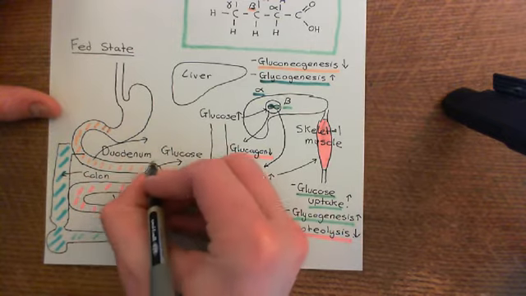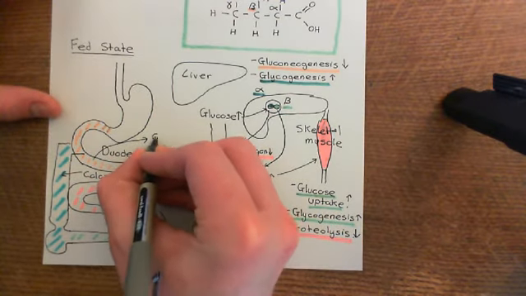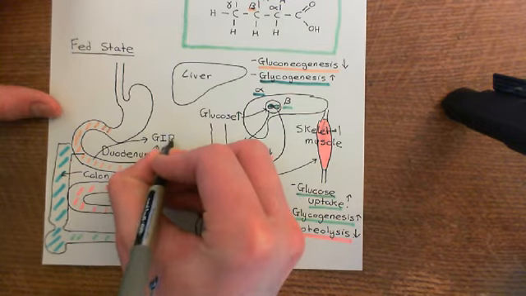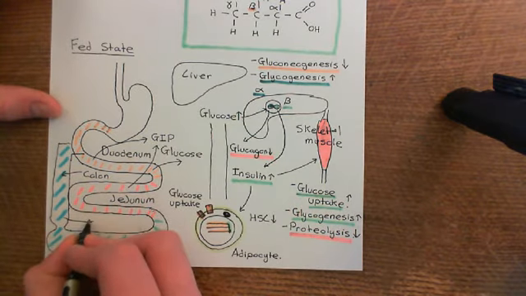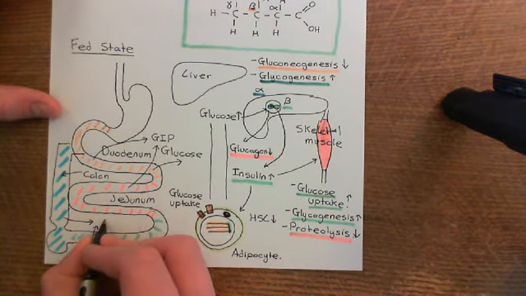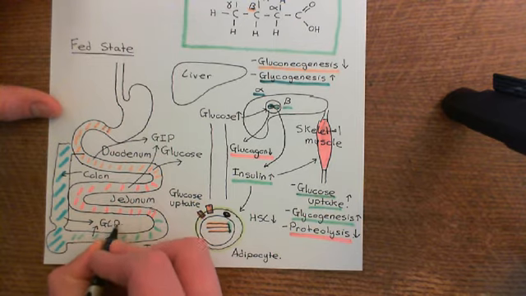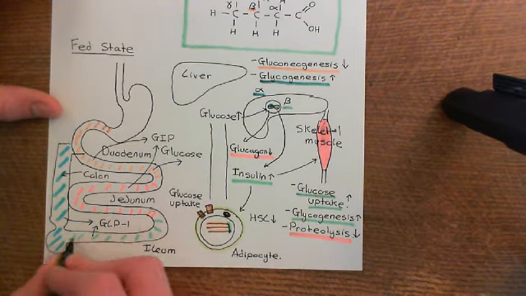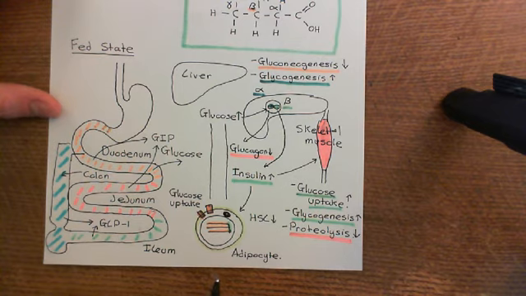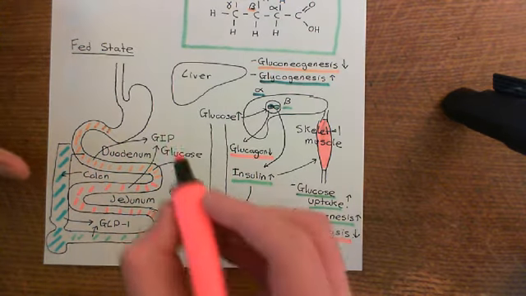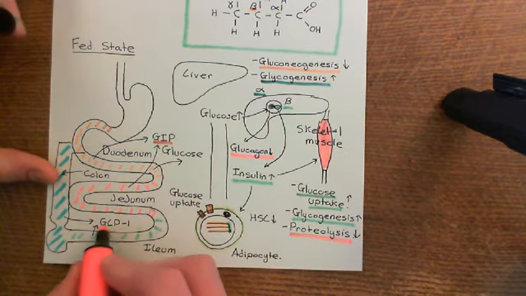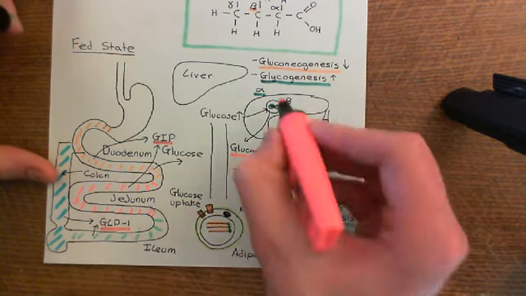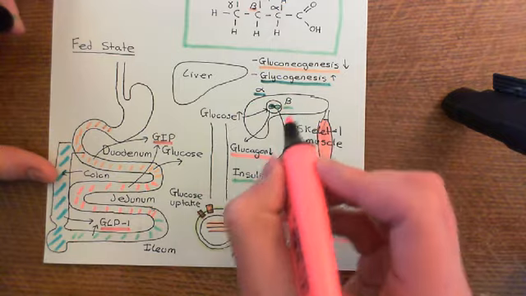And the other incretin, GLP-1, glucagon-like peptide 1, is going to be coming from the later portions of the intestine, such as the ileum and also the colon. Now, what both of these molecules are going to do is have what's known as the incretin effect on beta cells of the islets of Langerhans.